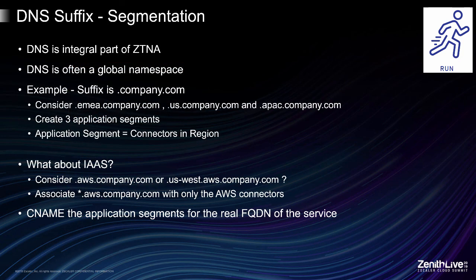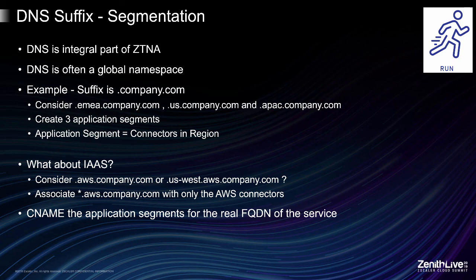DNS suffixes, and I talked about this a minute ago. DNS is the integral part of ZPA and Zero Trust Network Access. It's often a global namespace, so my suffix might be company.com. I have seen some organizations expand that namespace and consider things like EMEA.company.com, US.company.com, APAC.company.com, and then applying access to applications that are EMEA.company.com only from those connectors in EMEA.